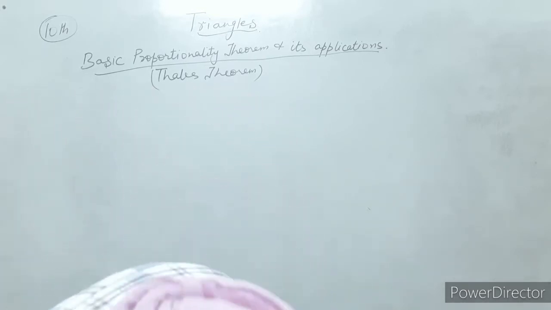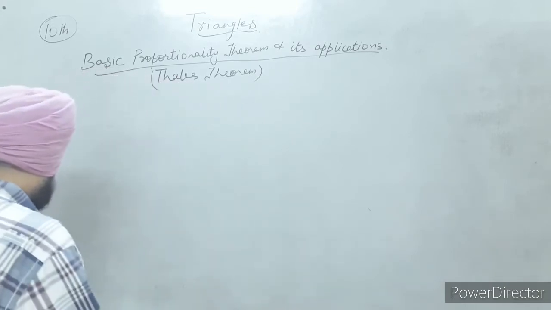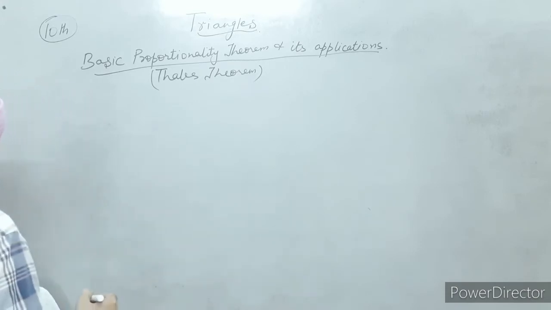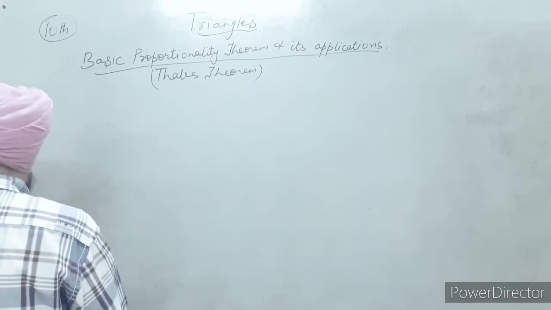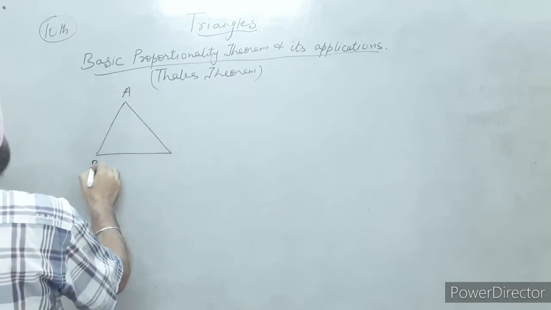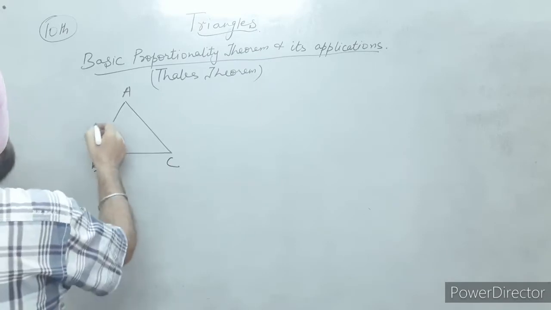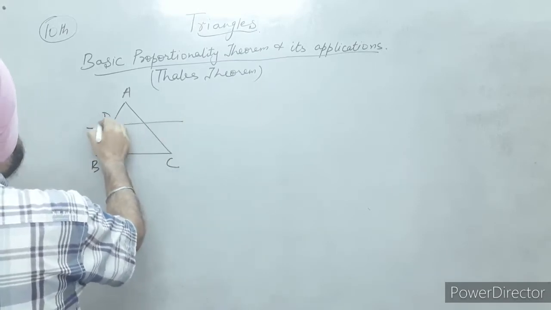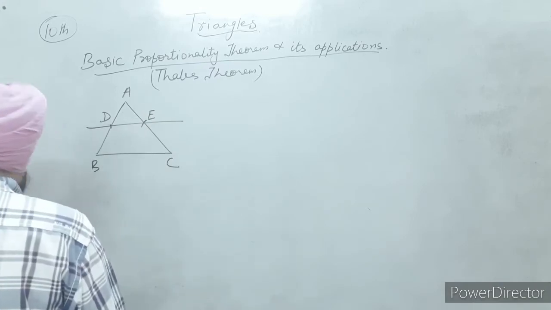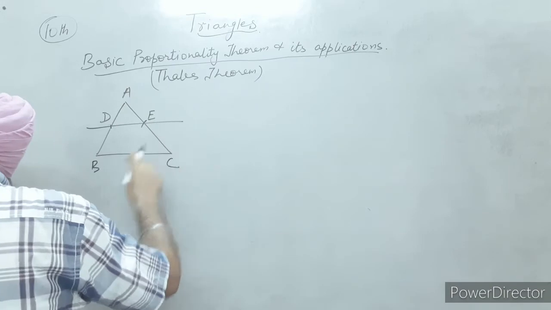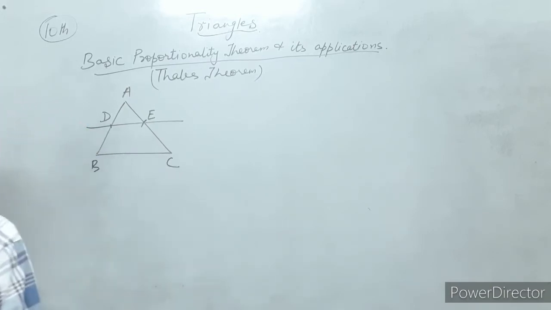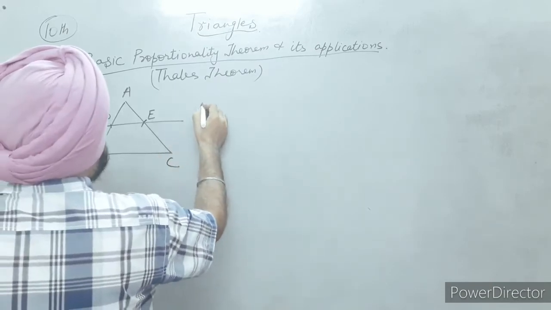The very first question is: if a line intersects AB and AC of triangle ABC, let me draw a triangle ABC. If a line is drawn to intersect at points D and E, right? If a line intersects AB and AC of triangle ABC at D and E respectively and is parallel to BC, this is given.